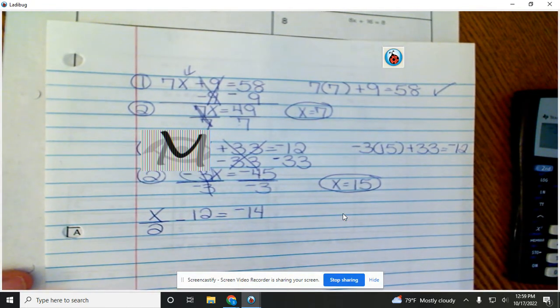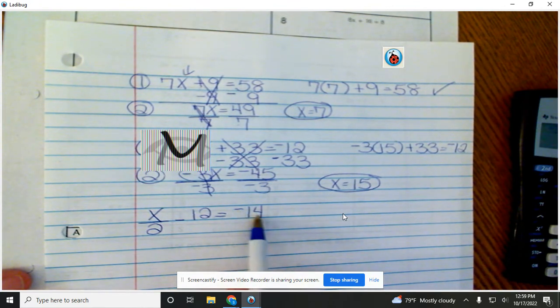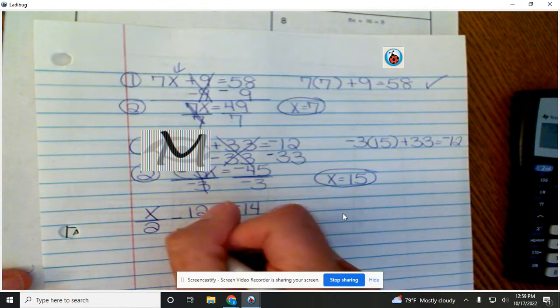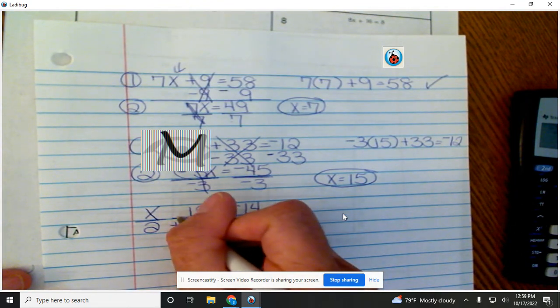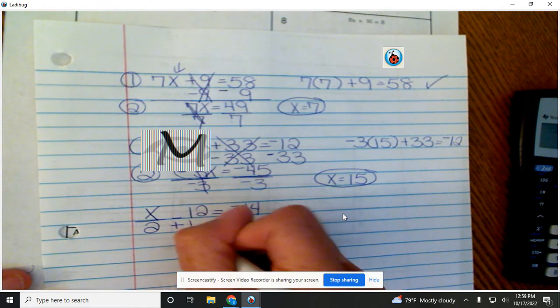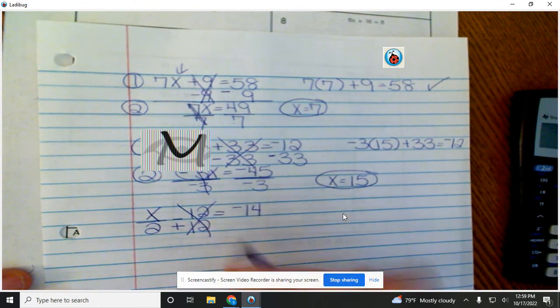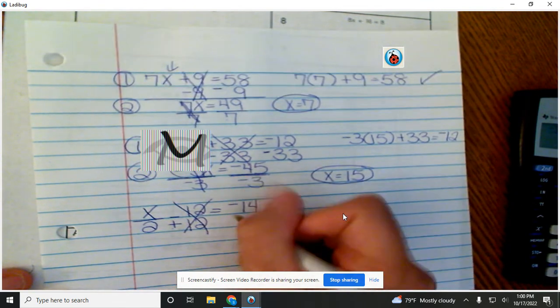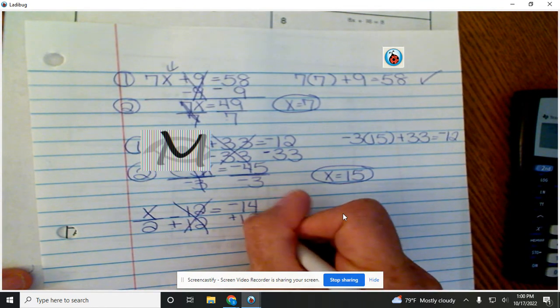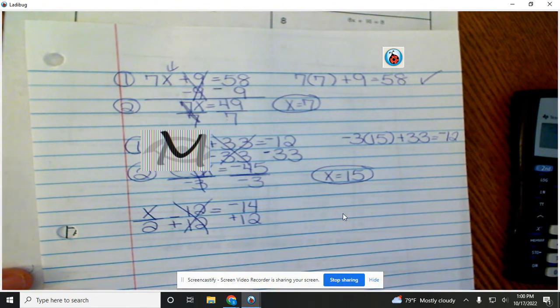When we double check our work, we need to make sure that we're keeping that negative 14. So if I have minus 12 here, I need to add 12 because adding is the opposite of subtracting, which will get rid of this. If I add 12 on one side, I need to add 12 on the other side.